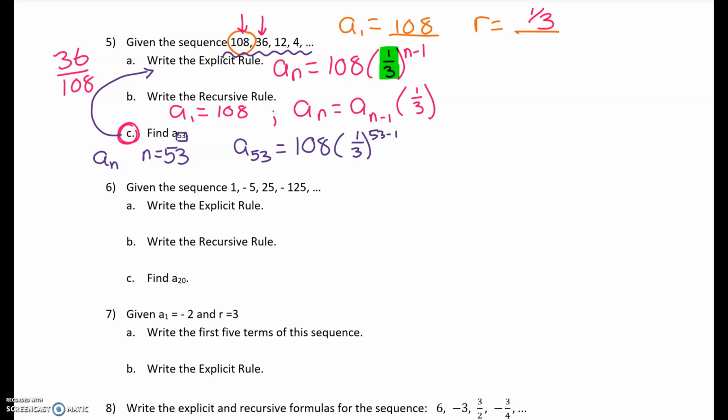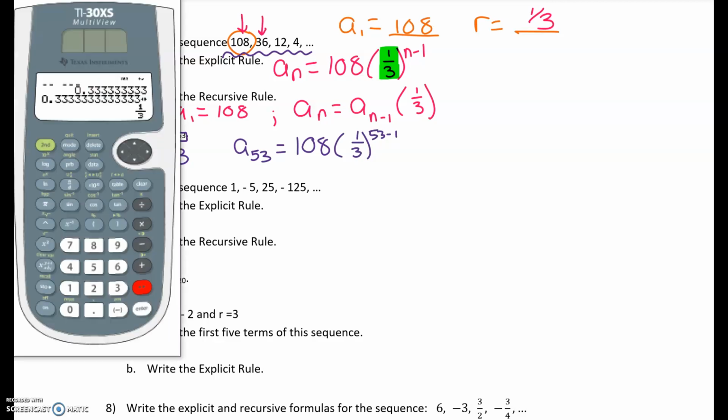All right, so I'm going to go ahead and punch that into my calculator. 108, parenthesis, fraction, 1/3, close that parenthesis, raise it to the 53 minus 1 power. All that should be in the exponent, and we're going to get a number.